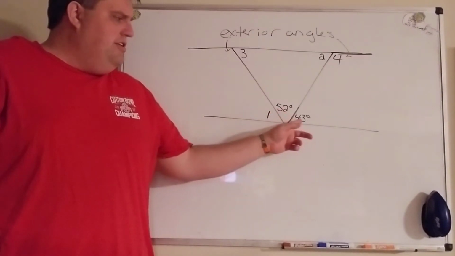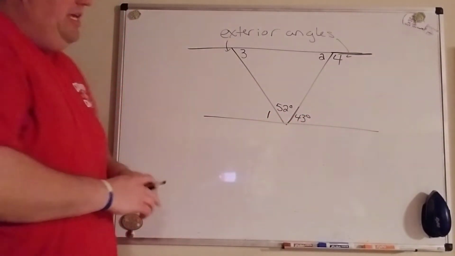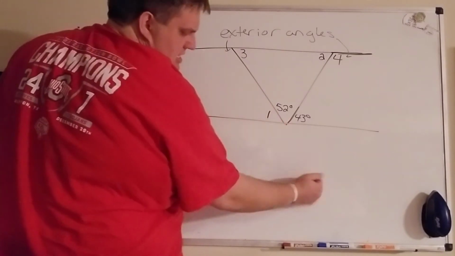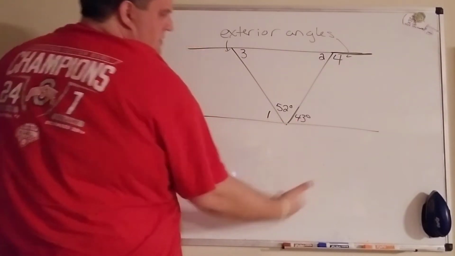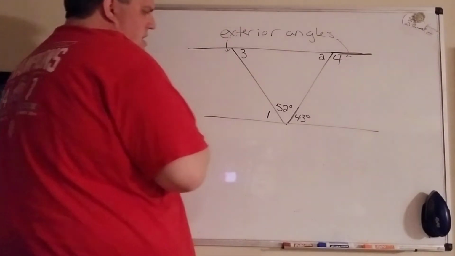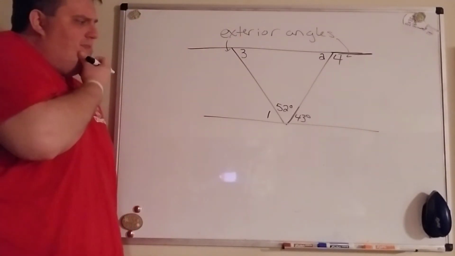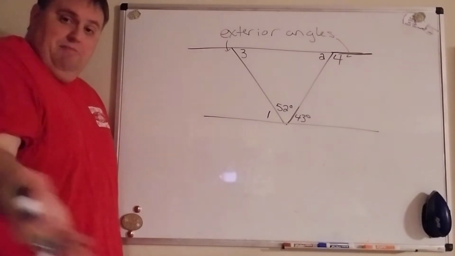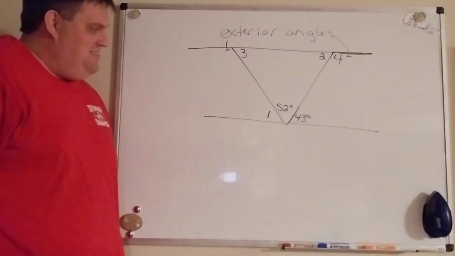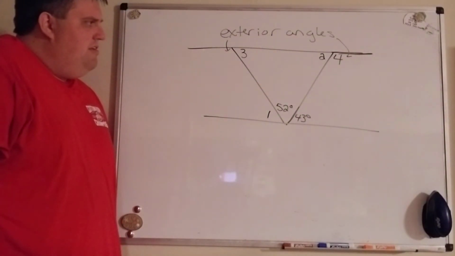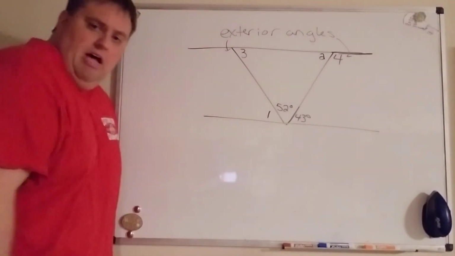Down here, these are not exteriors because they're not supplementary to my interior. This one would look something like this way, right? If it was an exterior angle. But those ones are both going to be exterior angles. So we're going to find out some interesting things here. Hopefully you guys think they're interesting. I think they're interesting, so that should be good enough for you. And then we'll just do one more picture, and then I'll kind of be done.